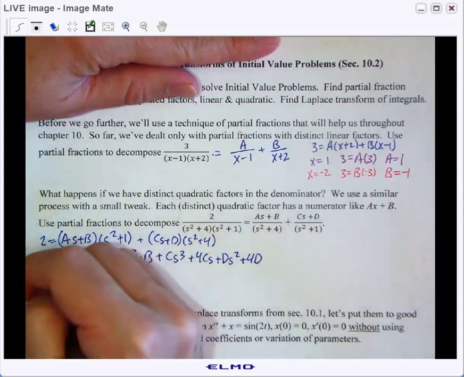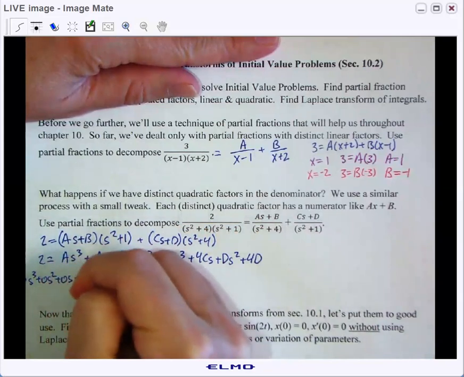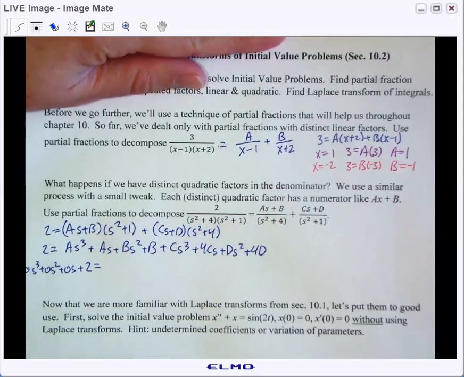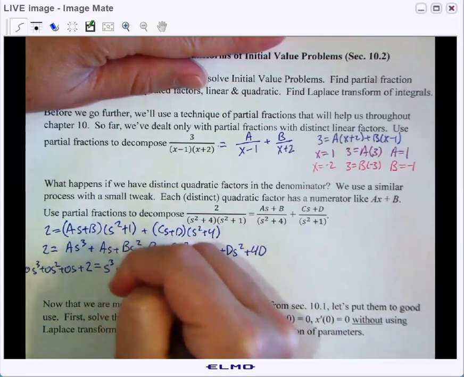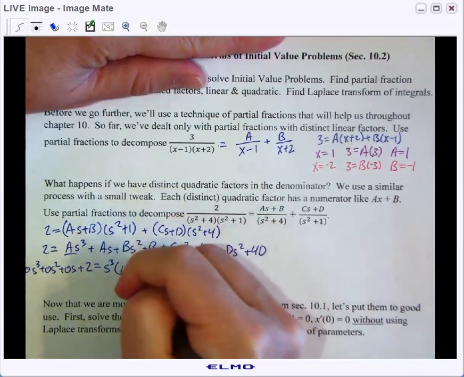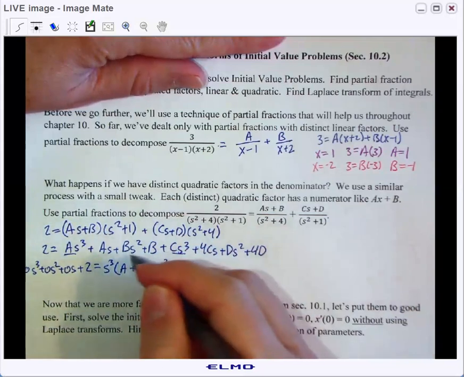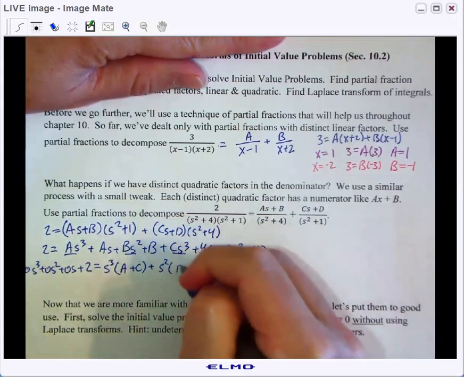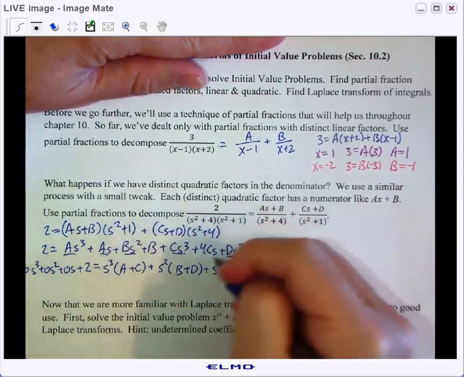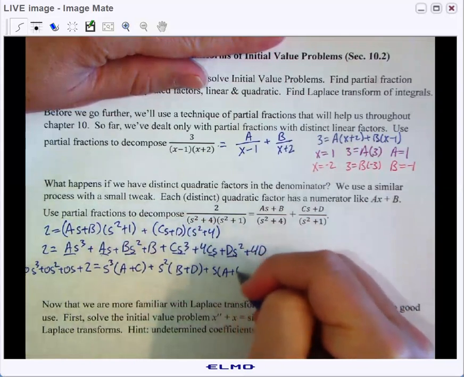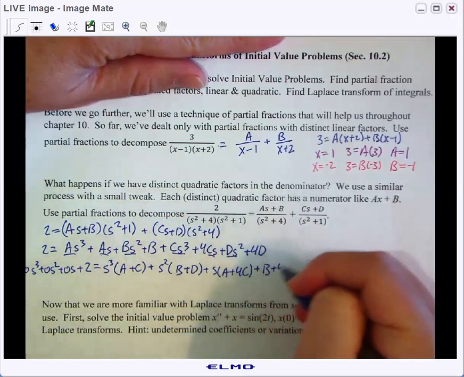If we write this as 0s cubed plus 0s squared plus 0s plus 2 on the left-hand side, and if we group on the powers of s, so we'll have s cubed, and I like to underline them to make sure I haven't forgotten anybody, A plus C, plus s squared times B plus D, plus s times A plus 4C, and plus our constant terms, which are B plus 4D.